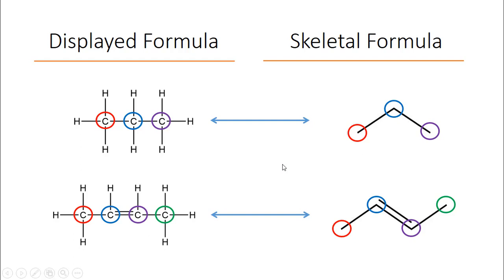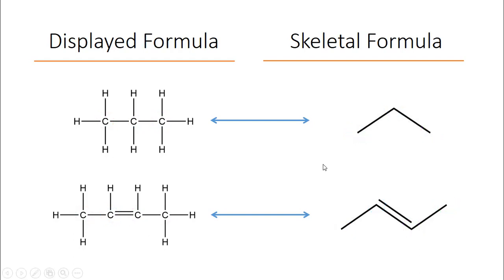In skeletal formula, it's assumed that if the carbon atoms are not bonded to something as shown by a line for a bond, then they are bonded to a hydrogen, like so. While the hydrogens are not shown, this is what's assumed.